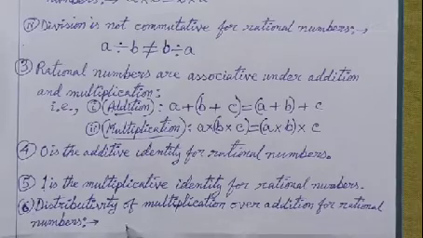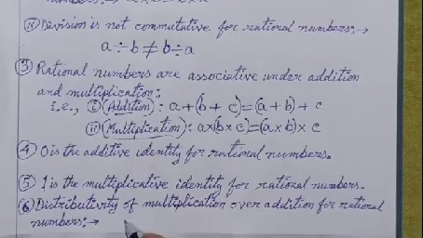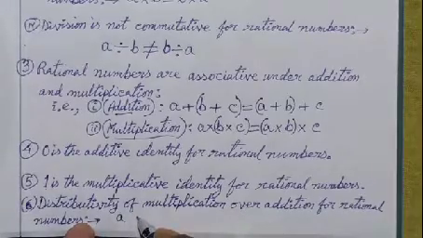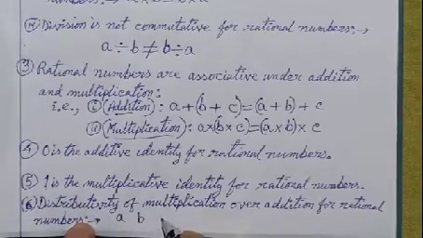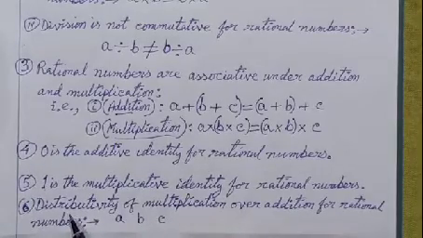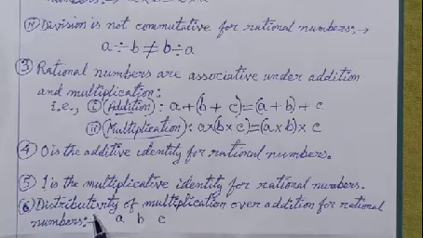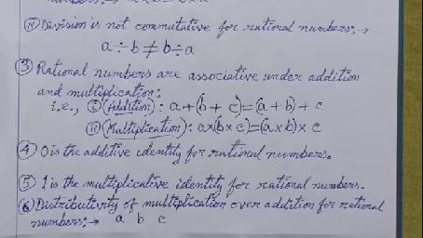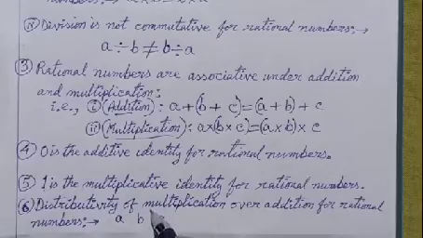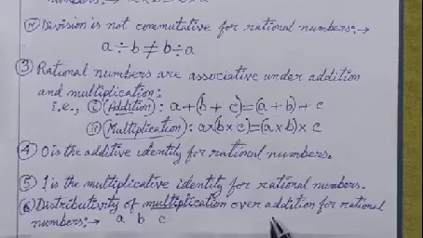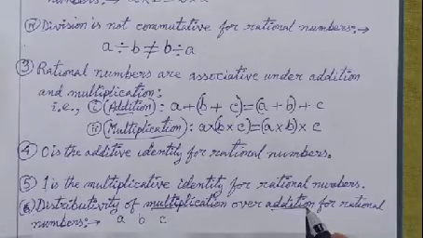If we take any three rational numbers, let us suppose a, b, and c, here the property is distributivity of multiplication over addition for rational numbers. So multiplication, that means multiply, should distribute over addition. Addition means plus.